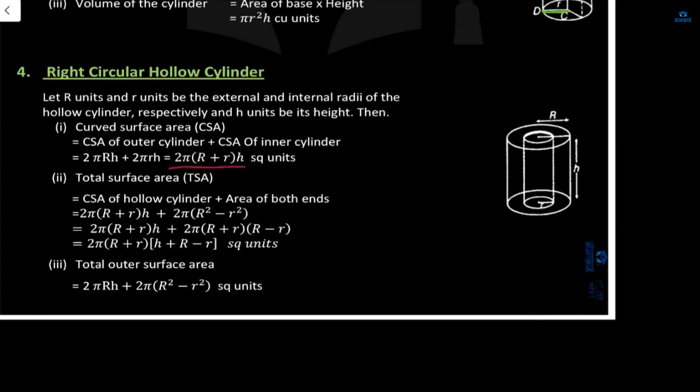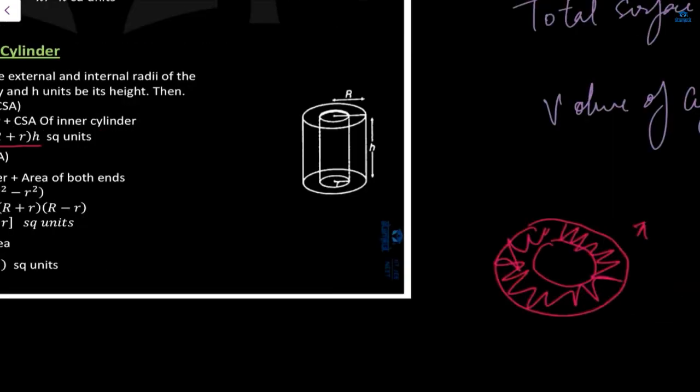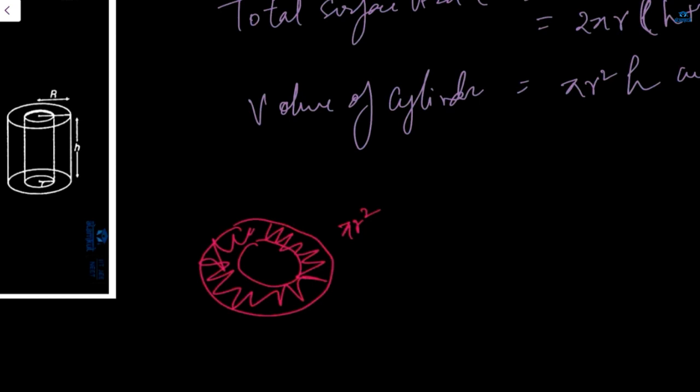The CSA of the hollow cylinder we have already calculated: 2 pi (R plus r) h. Now for the area of both ends, since it is a hollow cylinder, only this portion will be taken. If you want only this area, the area is pi R square minus pi r square. And this will be 2 times for both top and bottom. So finally 2 pi (R square minus r square).